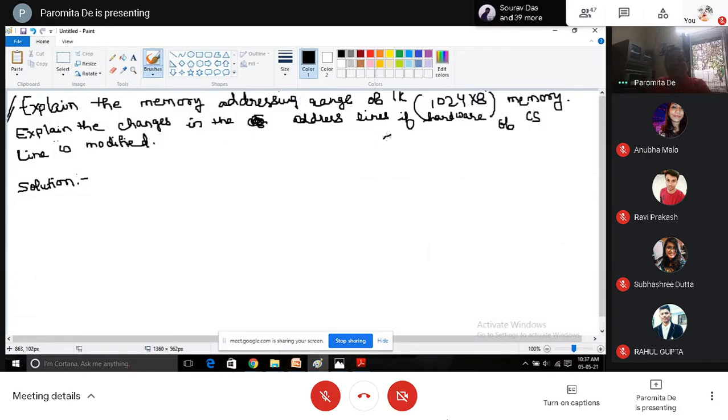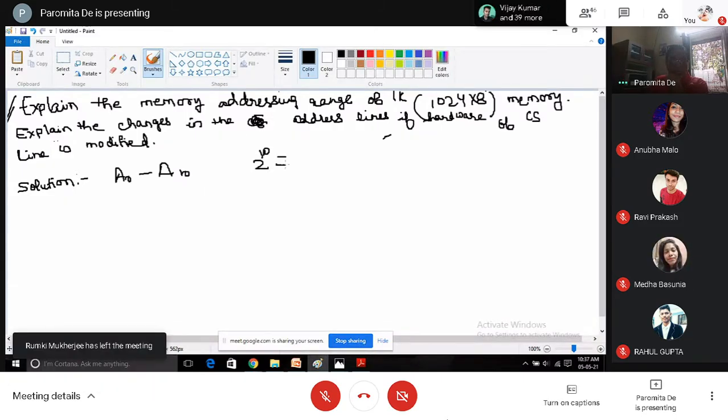So quickly, if we see that this memory is 1024 into 8, we will need address lines A0 to A10. 2 to the power 10 is equal to how much? 1024. Yes, 1024.